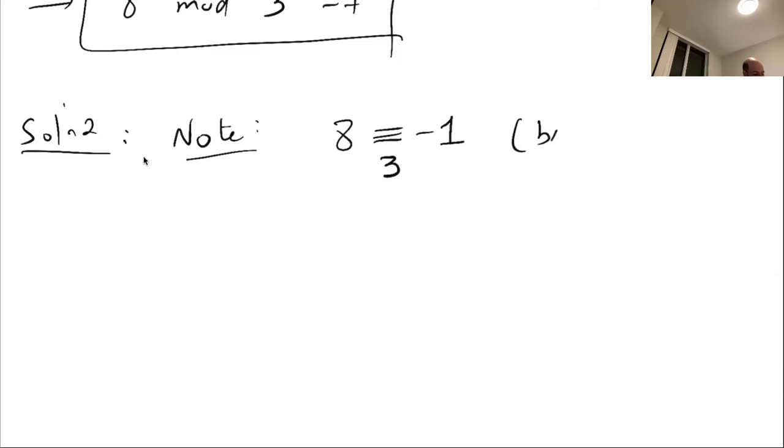Why? When can I say that two numbers are congruent? If their difference is divisible by m. So here 3 divides 8 minus -1, which is 9, and 9 is divisible by 3. So I can say that 8 is congruent to -1 mod 3.